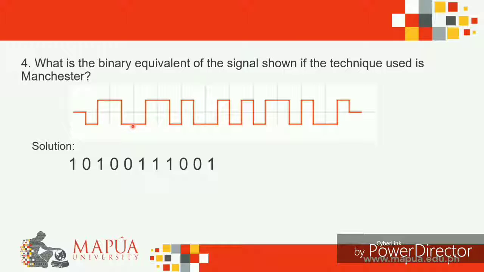Again, the signal went from low to high, so the next binary bit is 1. The cycle continues, like here, we have a high state to low state, which is equivalent to a 0 binary bit, and if we continue to read this signal, we will arrive at this binary string.